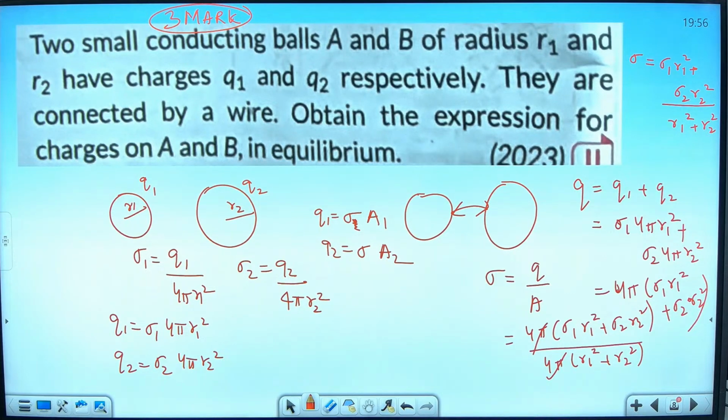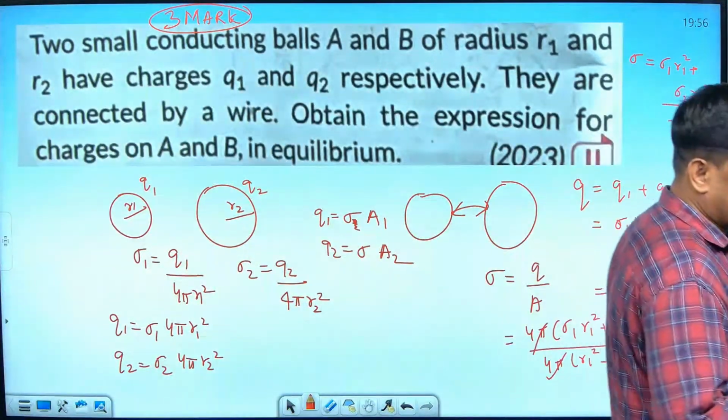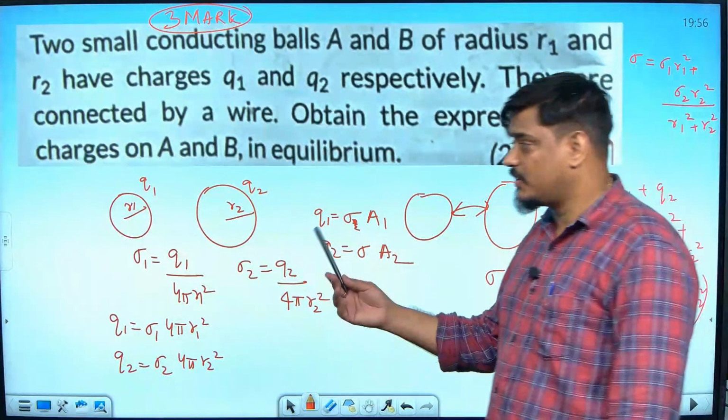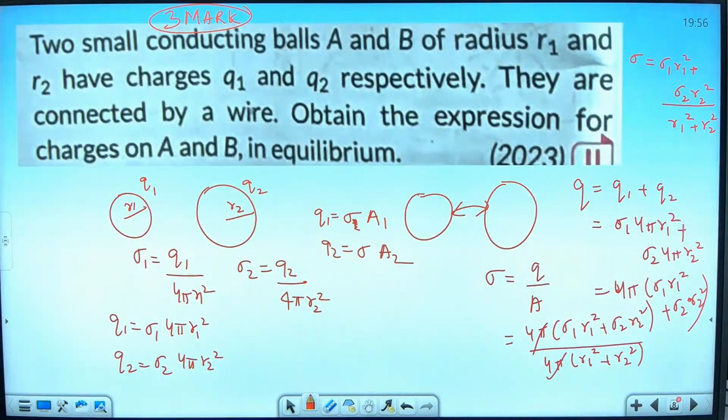Today, understand this chapter can be troublesome and this chapter has more weightage in the board examination. Okay. So, I have found the value of sigma 1 and sigma 2 for both the balls, and then I have connected them. I have found total charge.